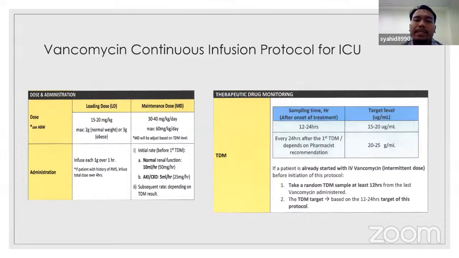For AKI or CKD patients, we will use 25 mg per hour. Okay, for therapeutic drug monitoring, the sampling time is after 12 to 24 hours, and every 24 hours after the first TDM, or depends on pharmacist recommendation.